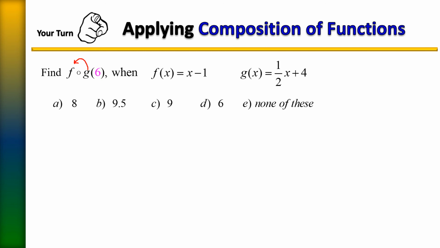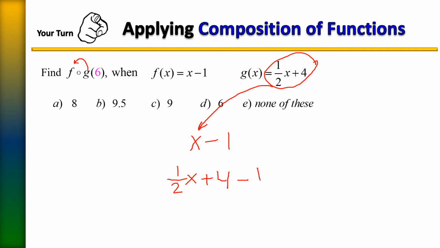So if f is x minus 1, and we want to plug g in x's place, what we'll wind up with is 1/2 x plus 4, minus 1.